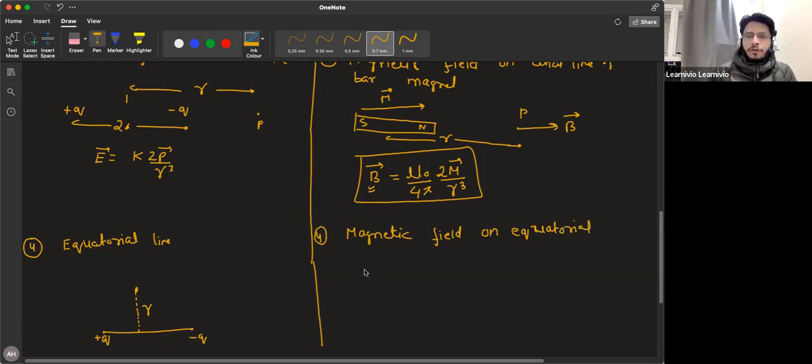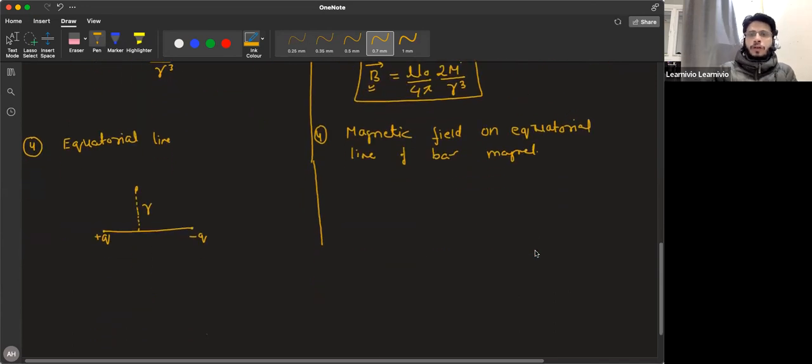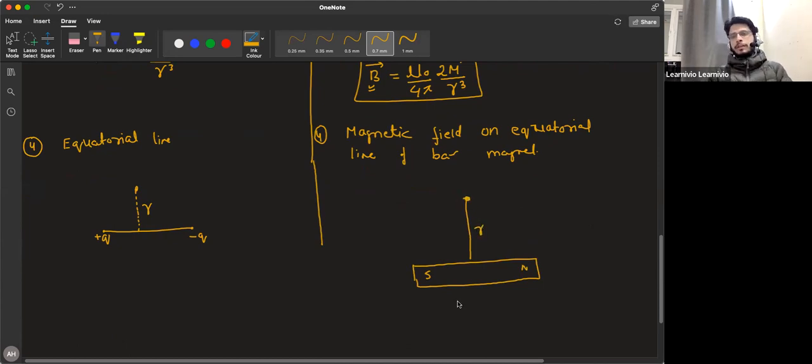If you take a bar magnet here, this is south pole and this is north pole. This is the equatorial line, and you want to calculate magnetic field here. On the equatorial line, this is the direction of magnetic moment from south to north.